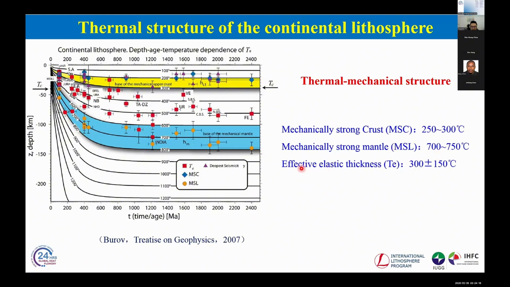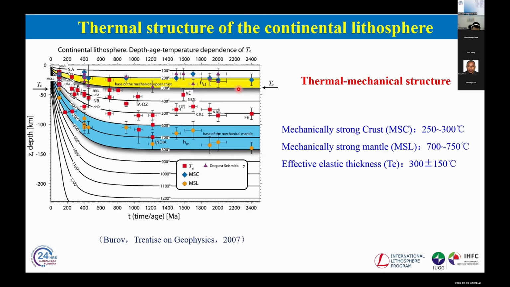Another one is the effective elastic thickness, which means the Te of the lithosphere. So the temperature is about 115 to 415 degrees. So this is the temperature range for the mechanical lithosphere, which means the strength.